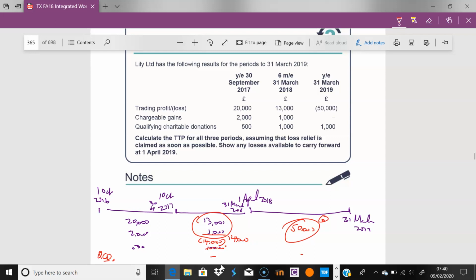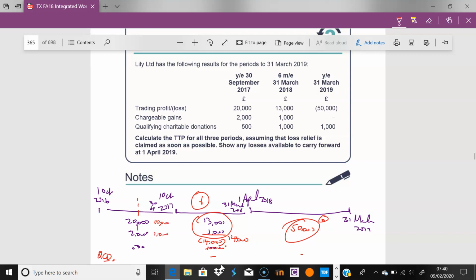Now the question here is, how many months is this? This is October 1st, so 6 months. Imagine I just wanted 6 months of this. I have to pretend this is a 6-month period, so I apportion it. 6 months of this means that's 11. So that's 10, isn't it? And that's 1.